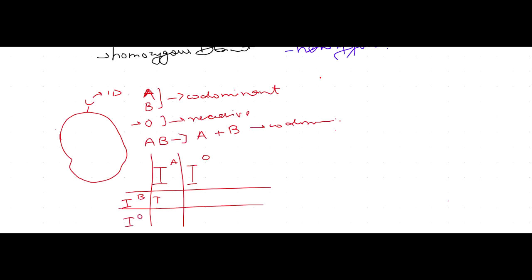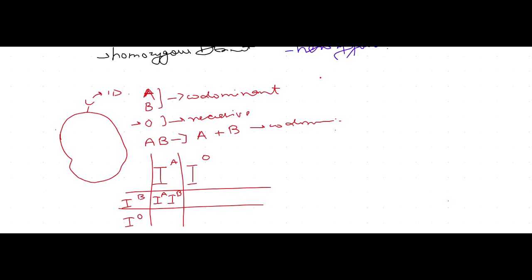So see over here, we will get AB. In AB, both of the alleles are going to be expressed, meaning that when we take a look at the red blood cells, we will see receptors A as well as receptors B.